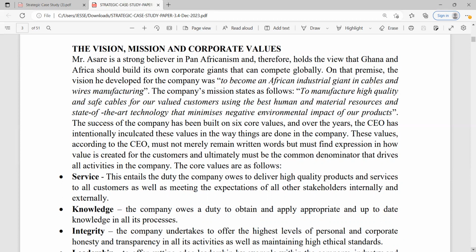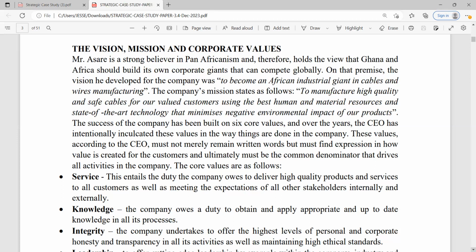we haven't touched yet on the team that's around Mr. Asari, right? Who is his CFO? Who is his chief marketing officer? We only know about the CEO and the board chairman. To build a successful company, you need a strong team, so it will be nice to know. But as we go, we might find out.